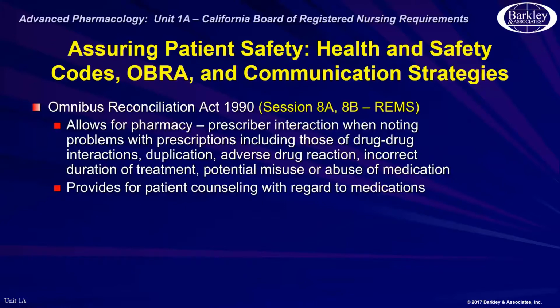So let's look at a few specifics to this last key point, assuring patient safety with respect to the health and safety codes, OBRA, and communication strategies. So first, the Omnibus Budget Reconciliation Act of 1990. This is probably covered most in sessions 8A and 8B, where risk evaluation mitigation strategies are primarily covered.